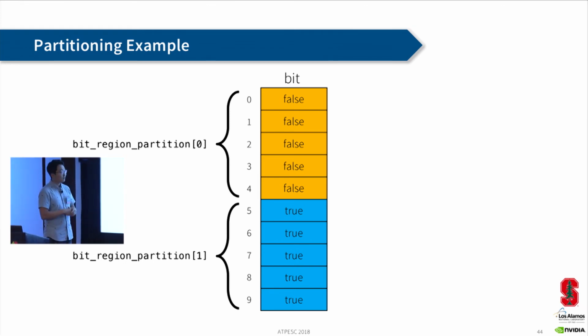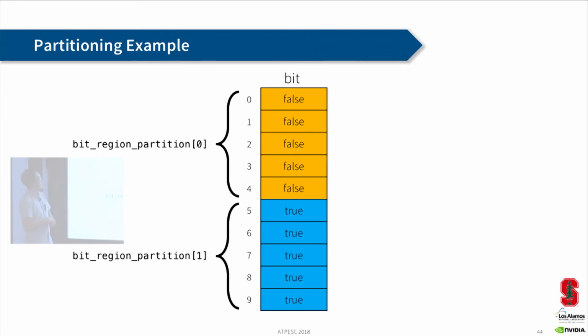In this case, there are 2 subregions, one colored yellow and another colored blue. And big region partition 0 basically means the first subregion of this partition. The reason we give names to this partition is that we want to manipulate the partition in the program.